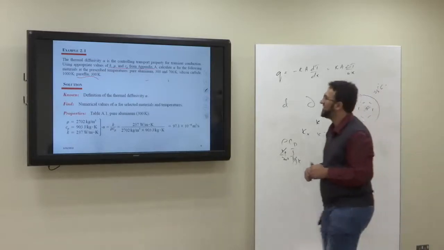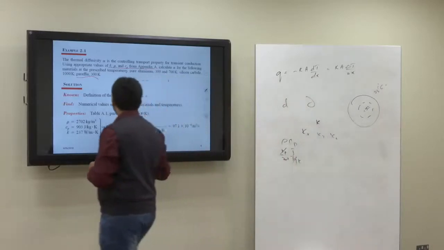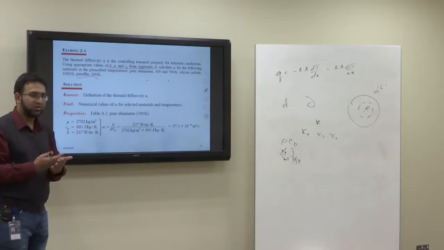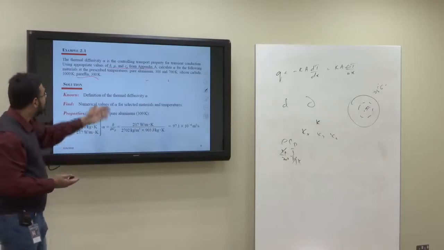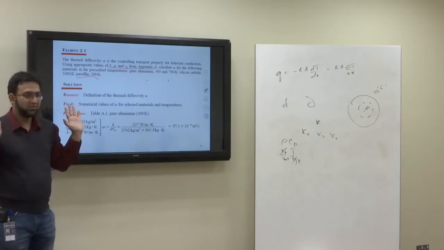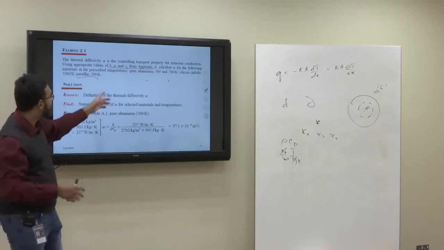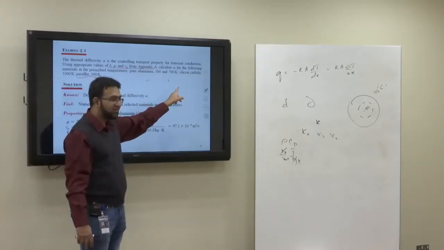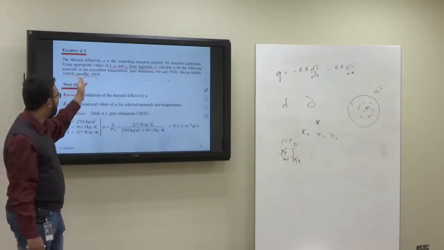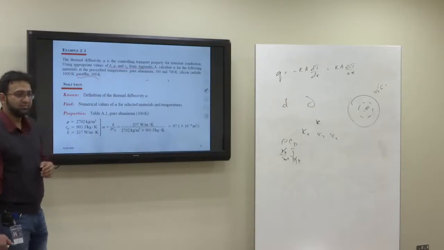So in this problem there is nothing. They say that you need to calculate alpha, but alpha has a formula K upon rho Cp, and you take the values of K, rho, and Cp from Appendix A. That's it. For what material? For pure aluminium at 300 and 700 Kelvin, for silicon carbide at 1000 Kelvin, and for paraffin at 300 Kelvin.